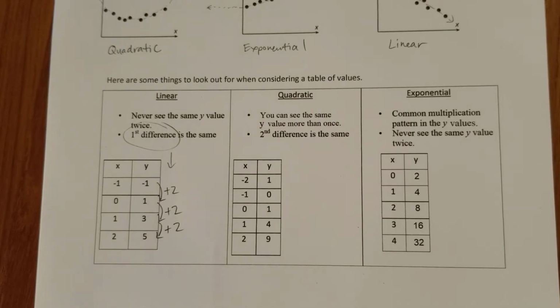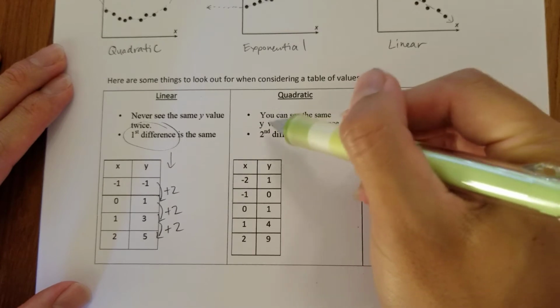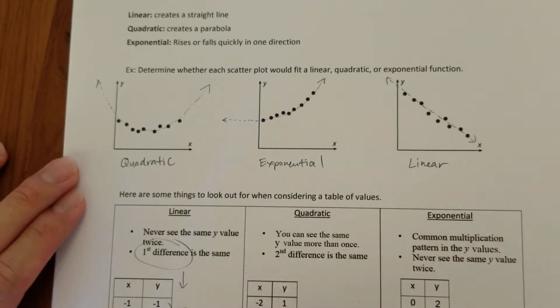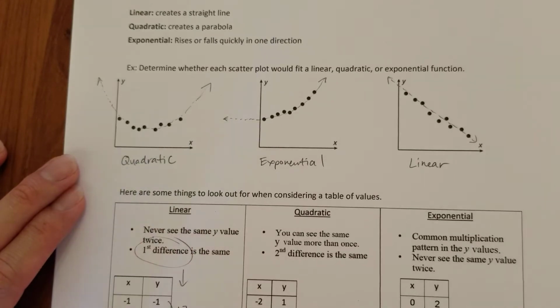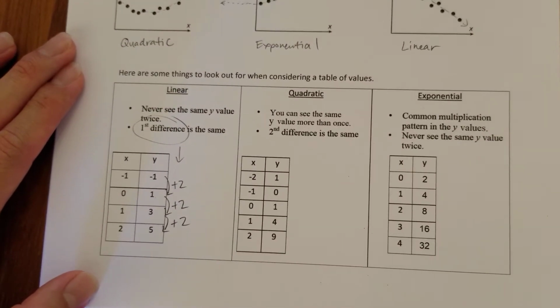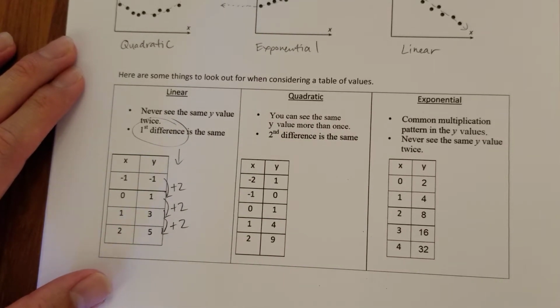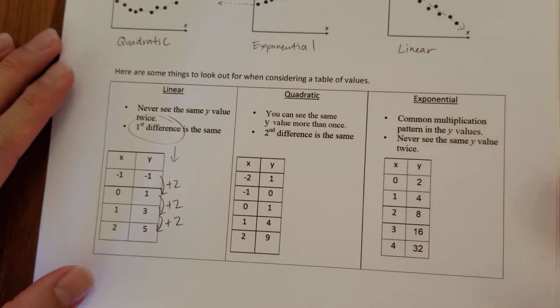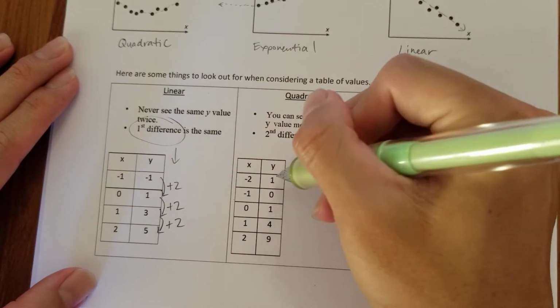For a quadratic function, you might see the same y value more than once. If you look at this plot here, there are probably some y values that repeat, even though the x values are different. And the second difference is going to be the same. Let's compare the differences between all these numbers.